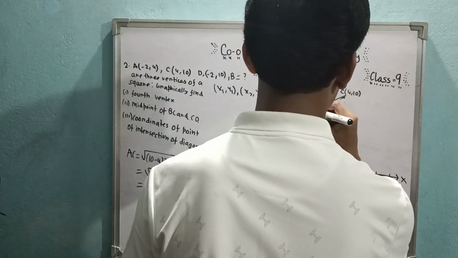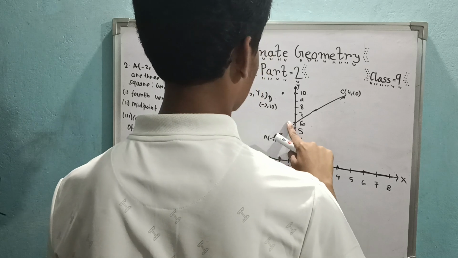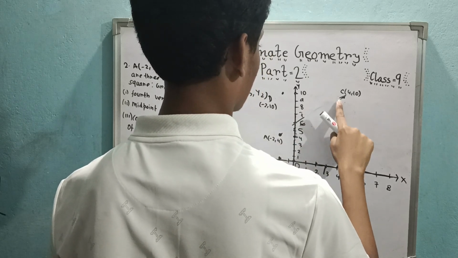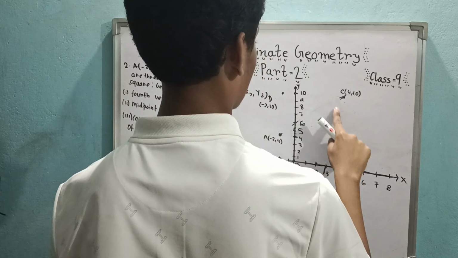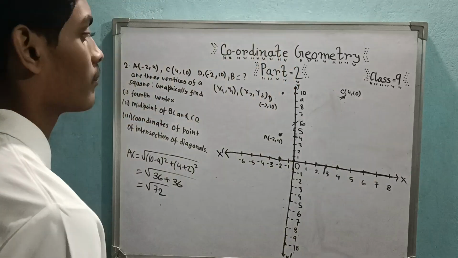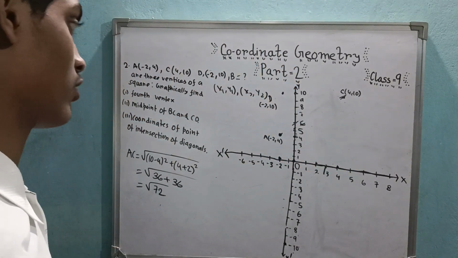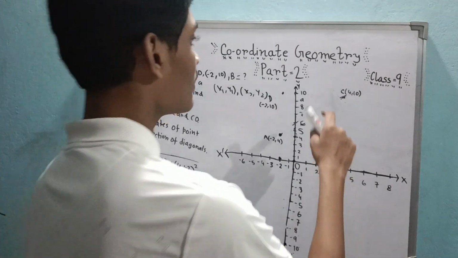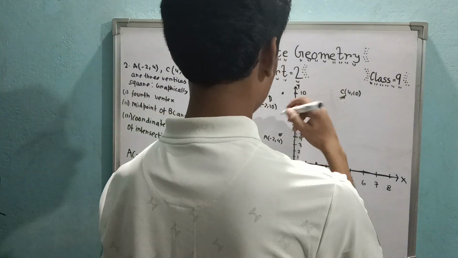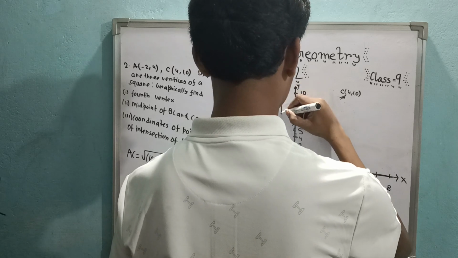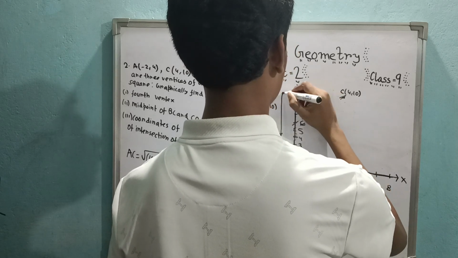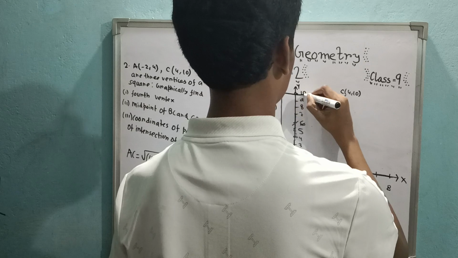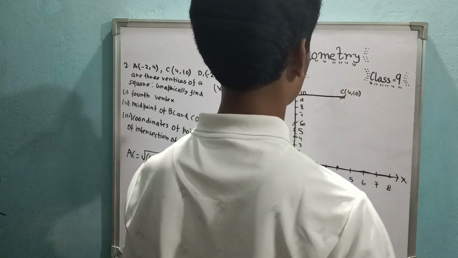Now rub this line. We have 3 points actually, if I am not wrong. Now let's join AD and DC. What do you say?